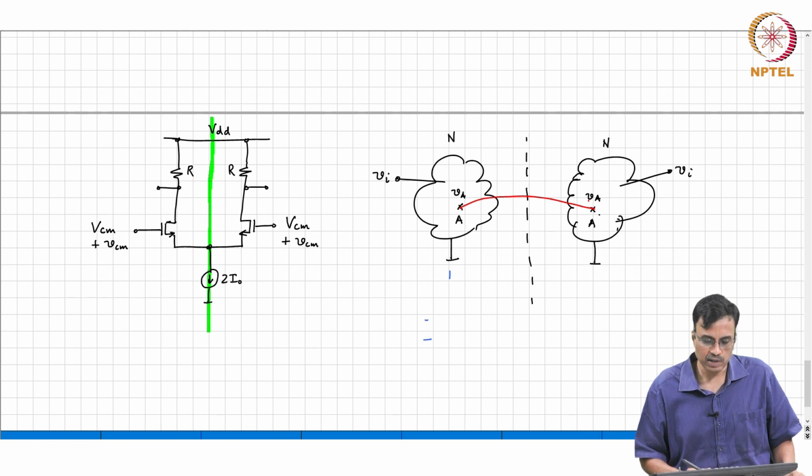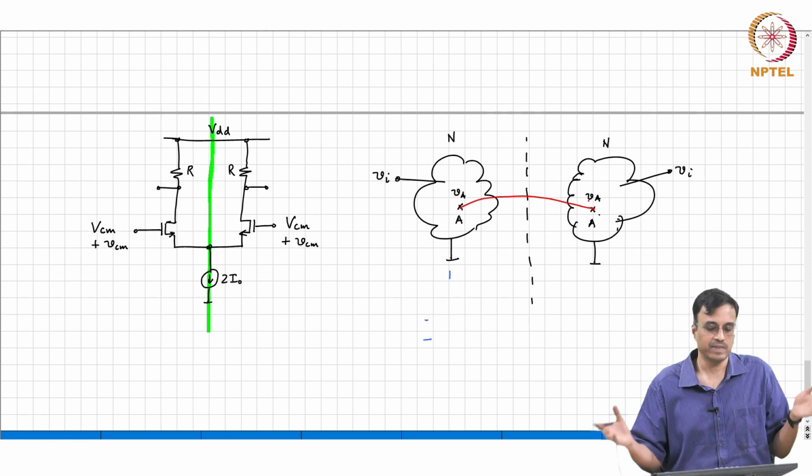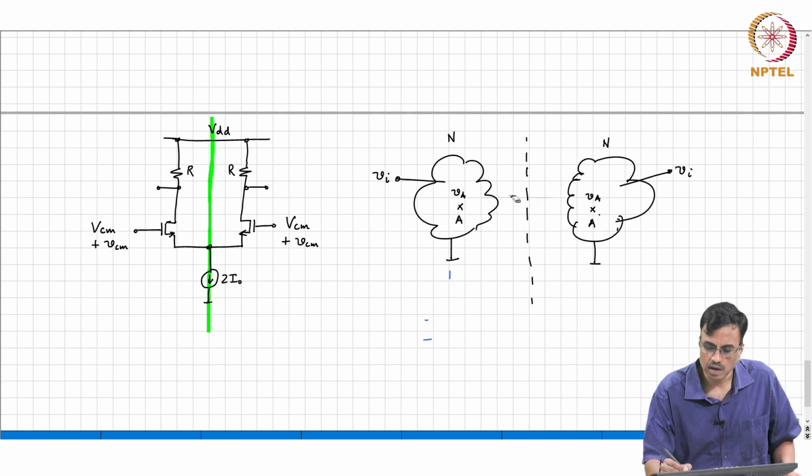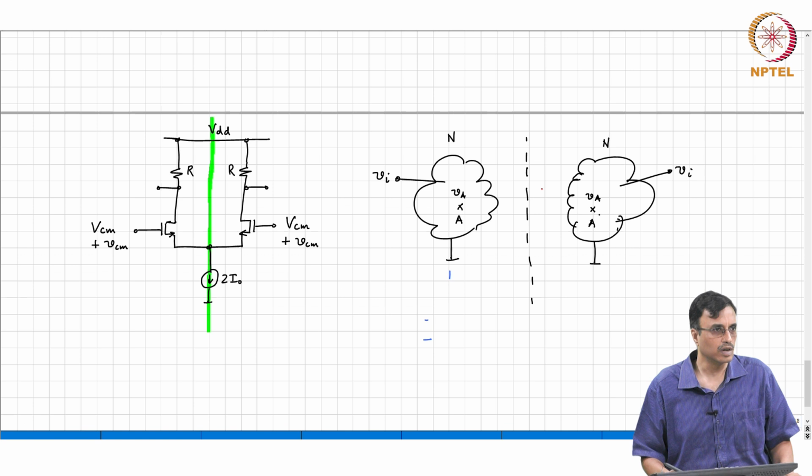What comment can we make about the current through that connection? 0, right, and why? Because by symmetry, VA will be the same as VA on the other side, and therefore no current can flow, so you can remove that connection. No current flows for any value of Vi. So, you remove that connection, and therefore, you can only analyze 1/2.